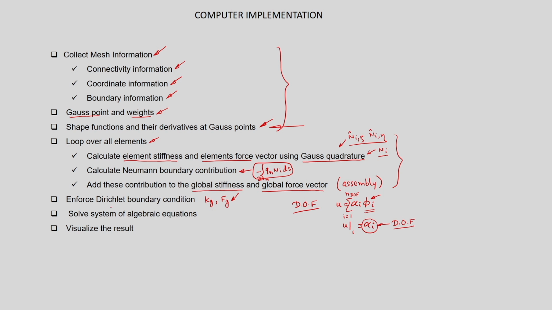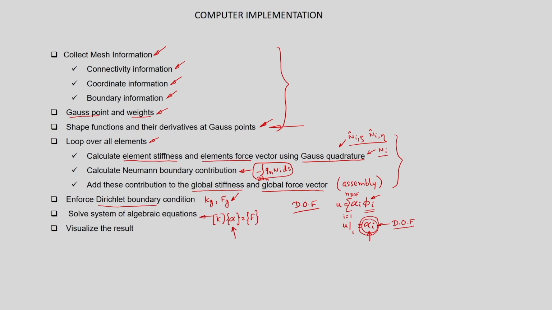In the Dirichlet boundary we will put the values, or ensure the values of the alpha I's as specified by the Dirichlet boundary condition, only those which are lying on the Dirichlet boundary. Once we enforce the Dirichlet boundary, we will solve the system of equations, k times alpha is equal to f, to get the value of alpha.